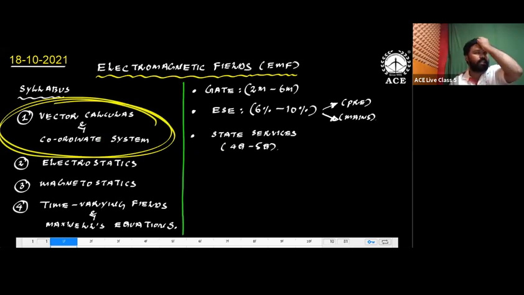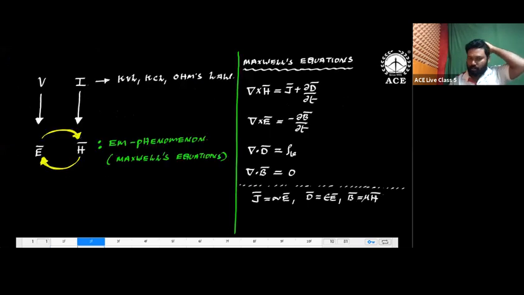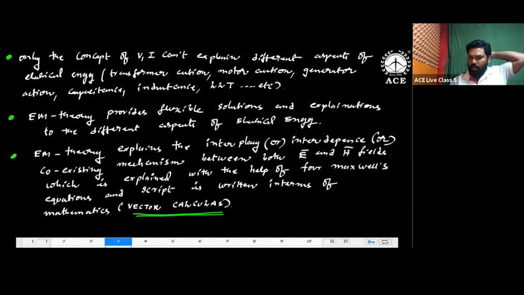Vector calculus and coordinate system. Clear? I'm going to turn the page here.